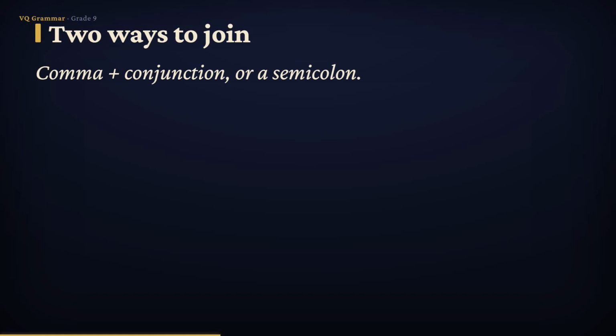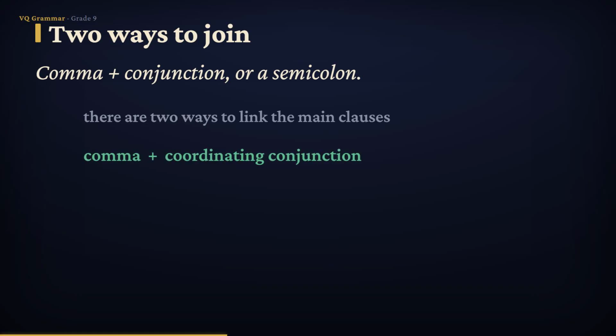So how do you actually join two main clauses? There are two ways. The first is a comma plus a coordinating conjunction. There are seven of these little joining words, and you can remember them with the word fanboys. And, but, or, nor, for, so, yet.